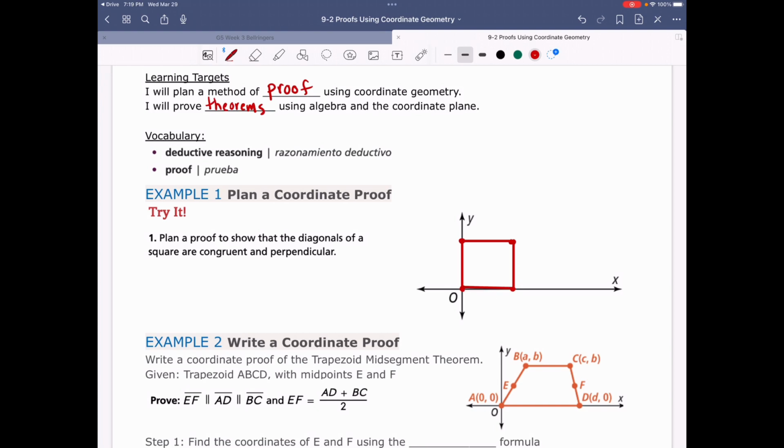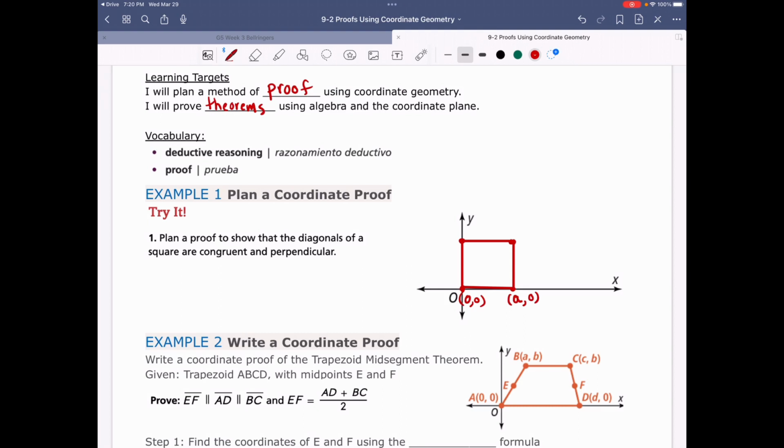So with our square, we need to put some arbitrary coordinates. This would be 0, 0. That's obvious, that's the origin. But if we go to the right, we will call going to the right a distance of a, and then we didn't go up or down.